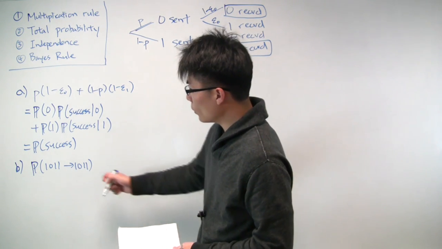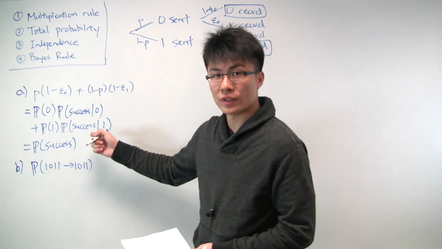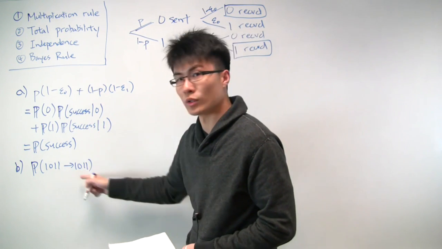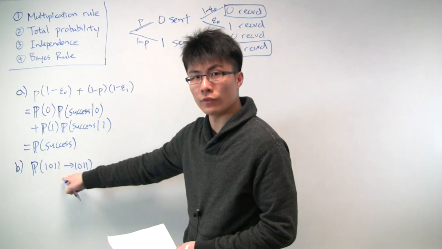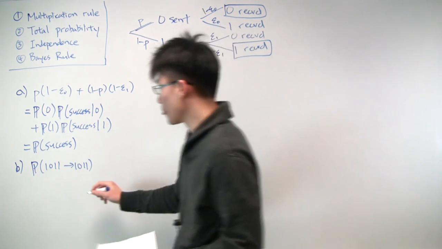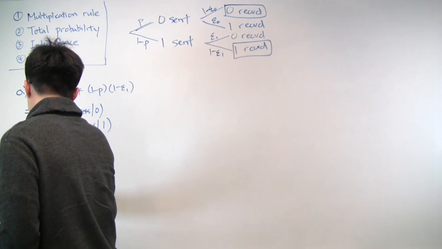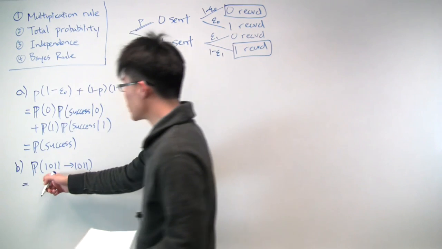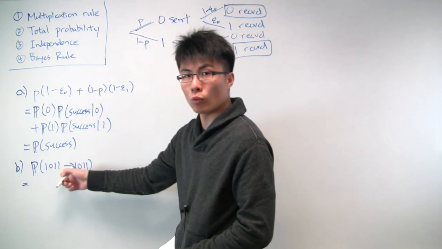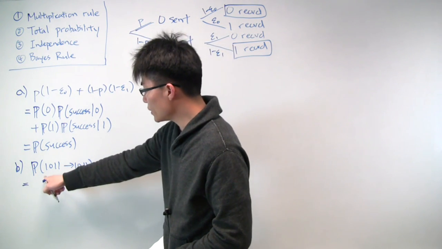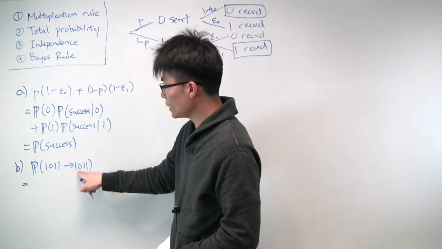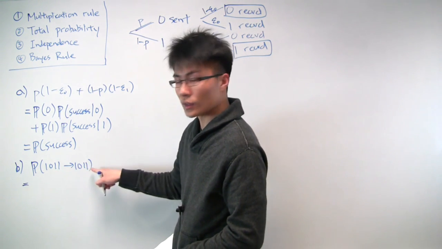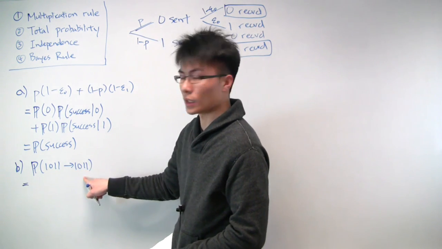Okay, so now instead of dealing with single bits in isolation, we have a sequence of 4 bits. But we can really just break this down into the 4 individual bits and look at those one by one. So in order to transmit successfully 1, 0, 1, 1, that whole sequence, we first need to transmit a 1 successfully, then a 0 successfully, then another 1 successfully, and then finally the last 1 successfully.